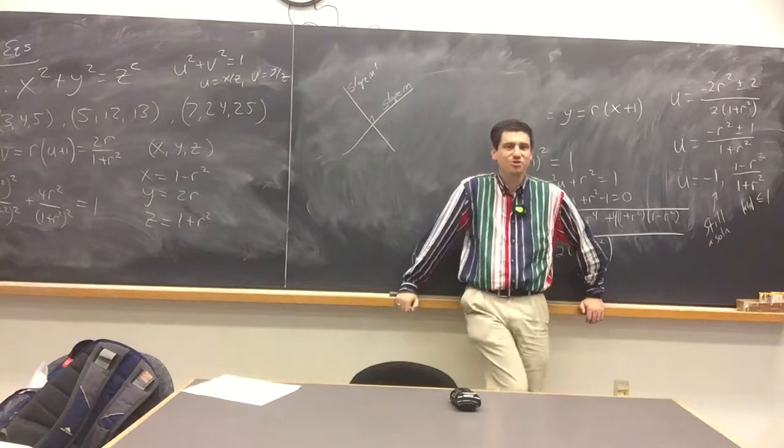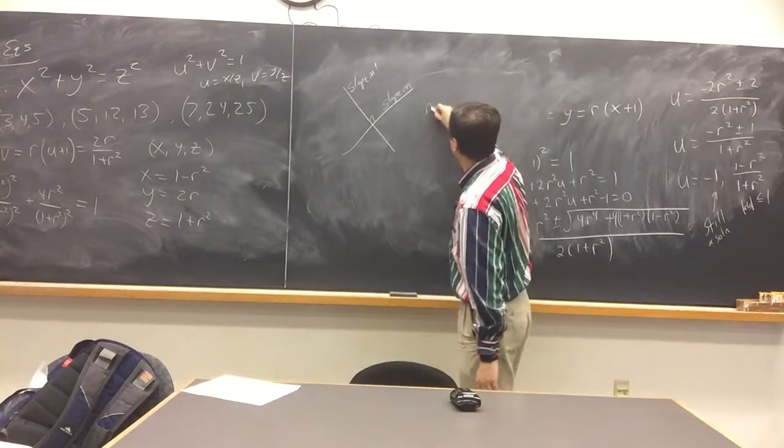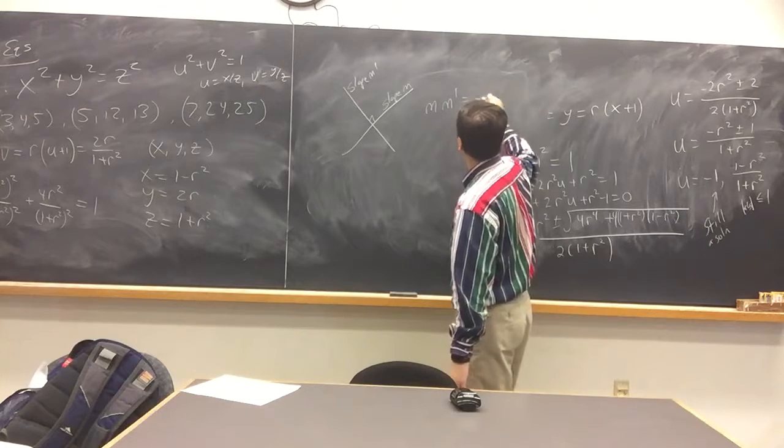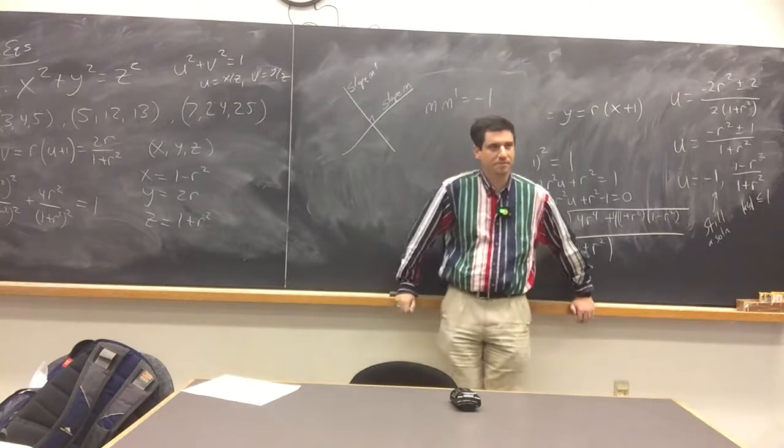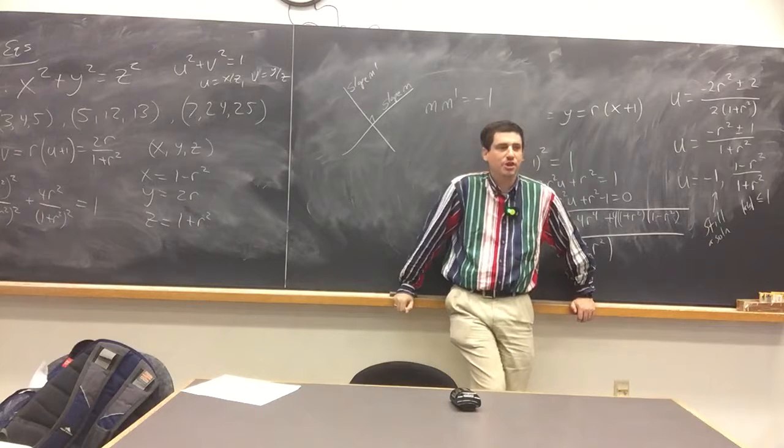Does anybody remember the relationship between m and m prime? Yes, m prime is equal to -1 over m. Yeah, m prime equals -1 over m. So this is a nice exercise to prove this. So I'll make this extra credit. How would you prove that the product of the slopes is -1?